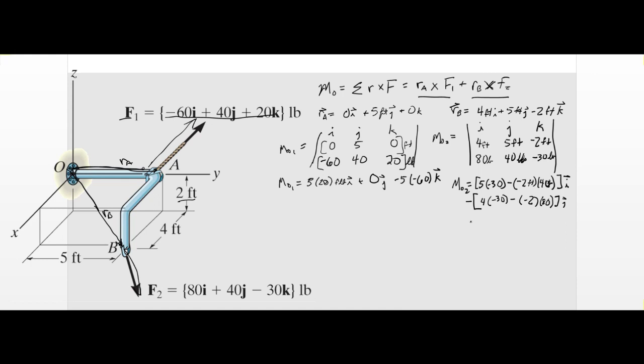And then for the K, we have 4 times 40 minus 5 times 80 in the K. All right, so now all we're going to need to do is add up these I, J, and K components for MO1 plus MO2.